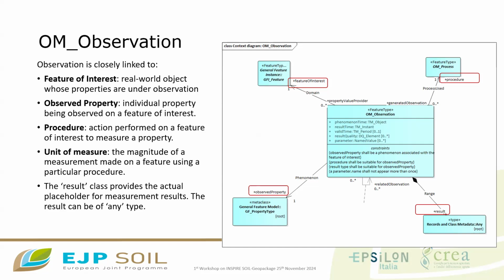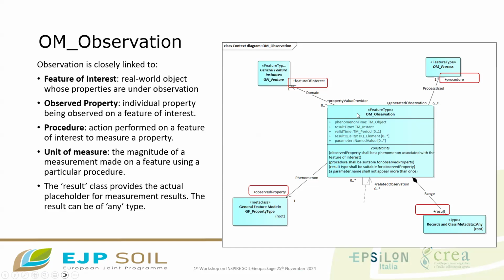The observation records information about the phenomenon time, the result time, the valid time, and also the quality of the result, and also the possibility to provide a parameter as a named value.